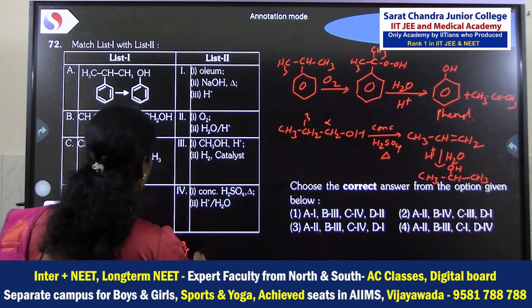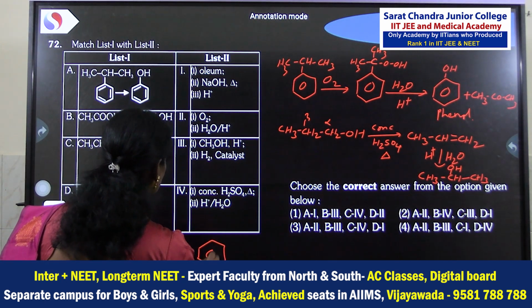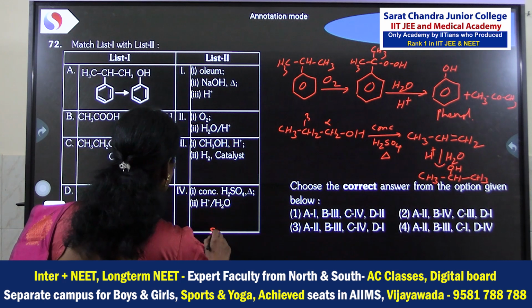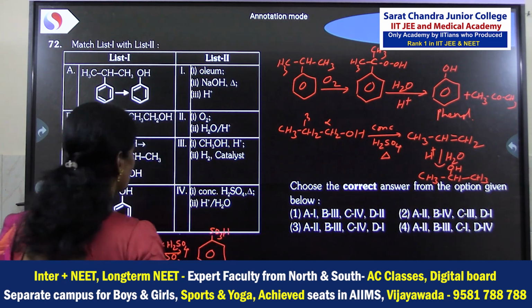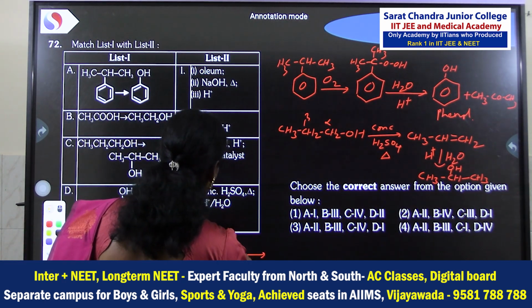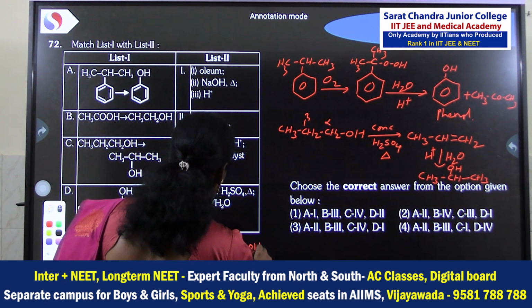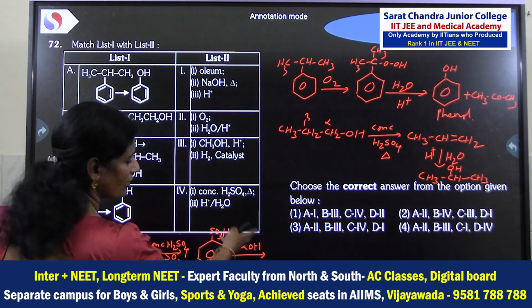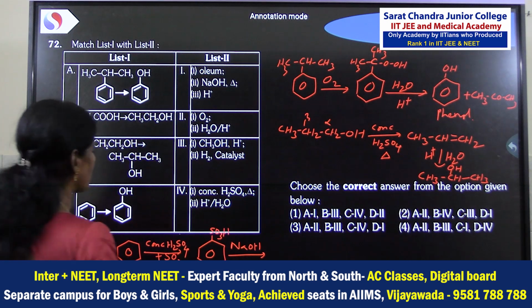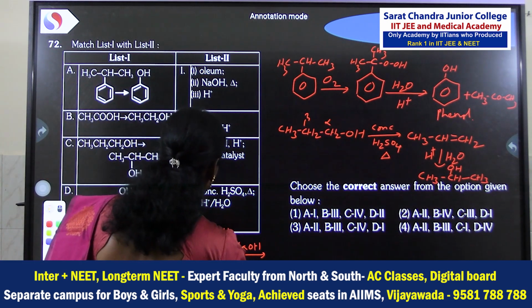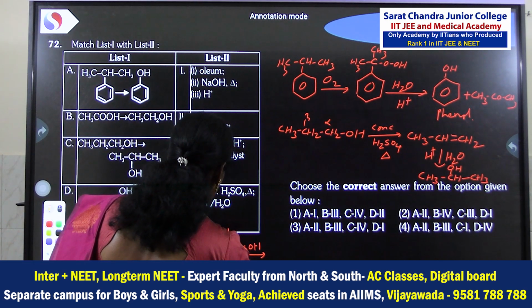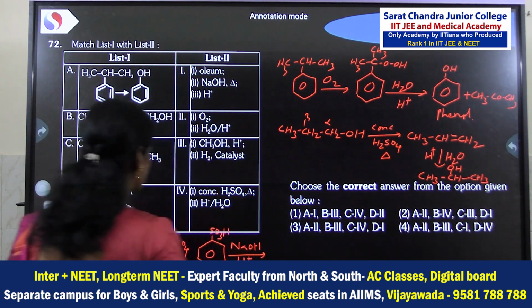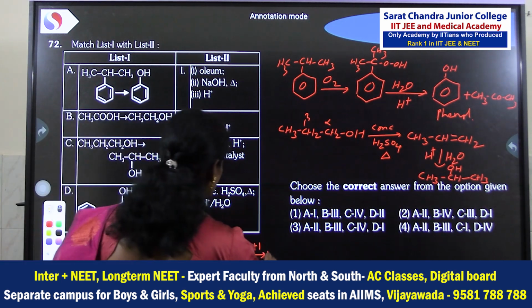When it is treated with oleum, benzene is first converted into benzene sulfonic acid. And this benzene sulfonic acid, on treating with base, is converted into sodium phenoxide, then followed by hydrolysis in the presence of acid medium gives phenol.